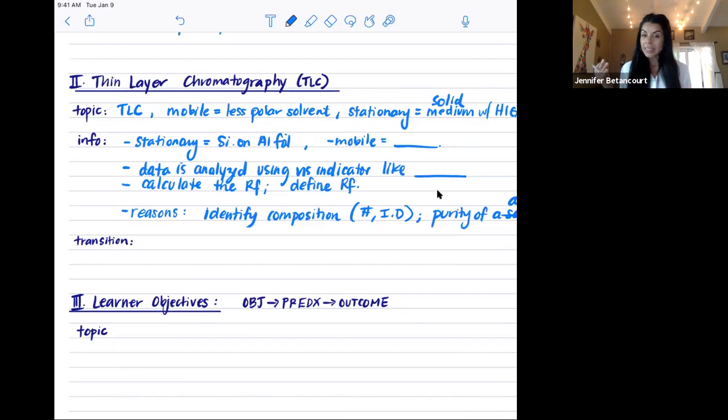So the transition sentence, if you're going from just general TLC, not everyone is using TLC to study the relationships of increasing molecular weight. People have a variety of different reasons they would do that.